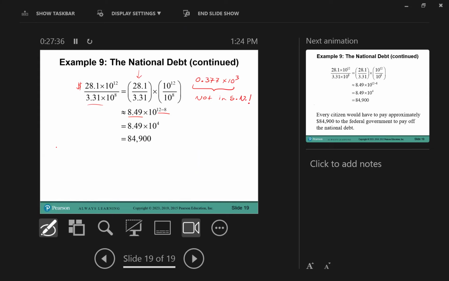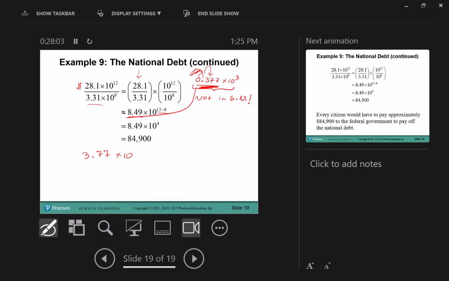Sometimes you have to write your answer in scientific notation. If that's the case, we need to convert it. So again, I'm going to take that decimal and I'm going to move it over, not that way. I'm going to move it so it's to the right of my first non-zero digit. So I'm going to write this as 3.77. And then this times 10 to the, but again, I went from 0.377 to 3.77.